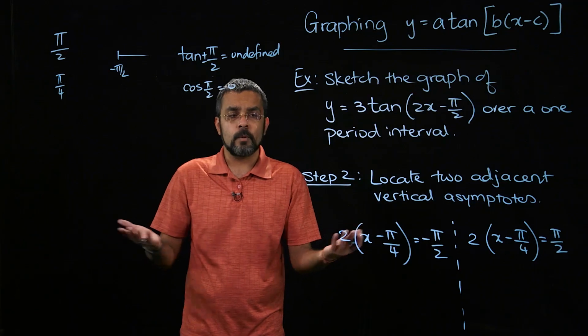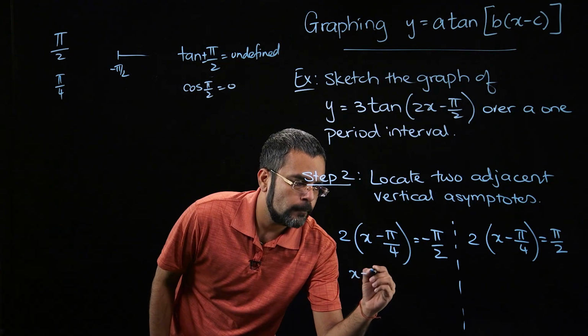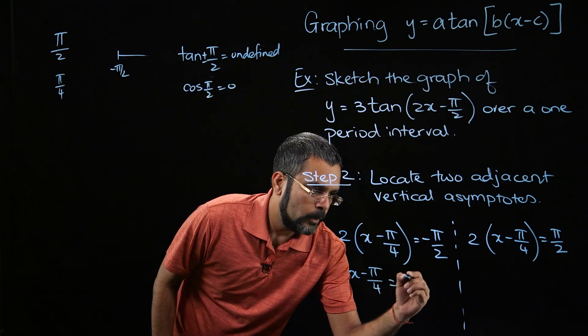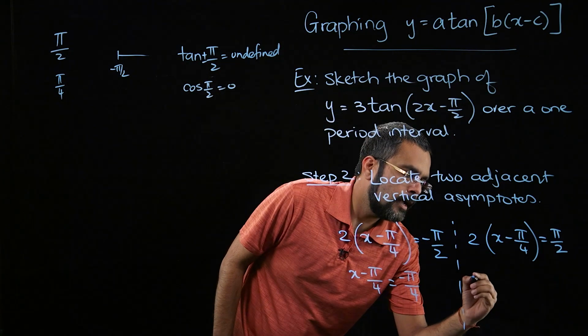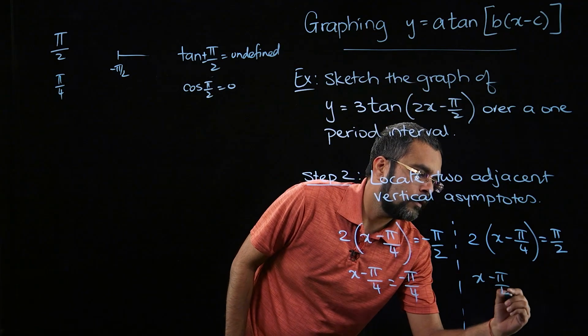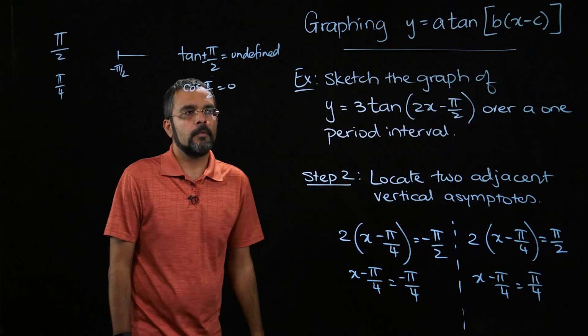And I'm going to solve for x. So divide by 2, and I get x minus pi over 4 equals negative pi over 4. And then here, x minus pi over 4 equals positive pi over 4.